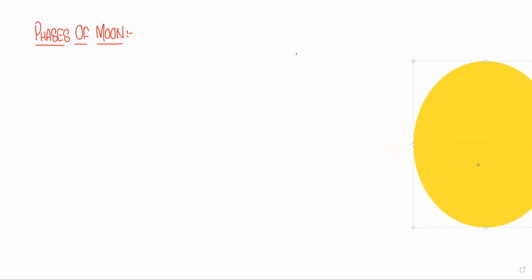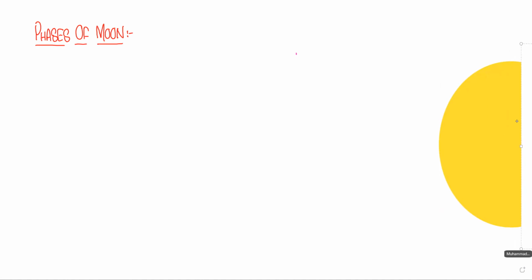So we have the sun on the right hand side, and in the center we consider the earth surface.